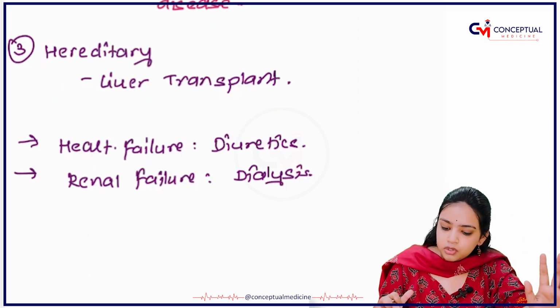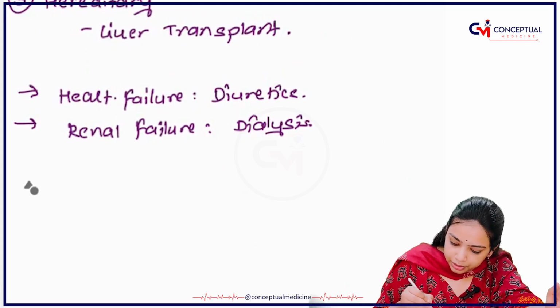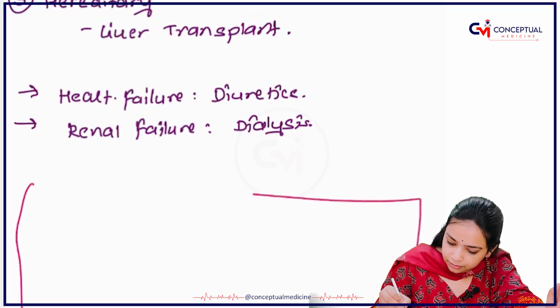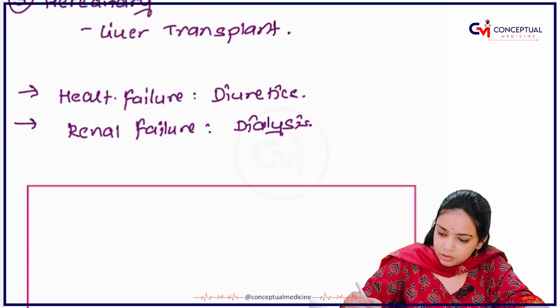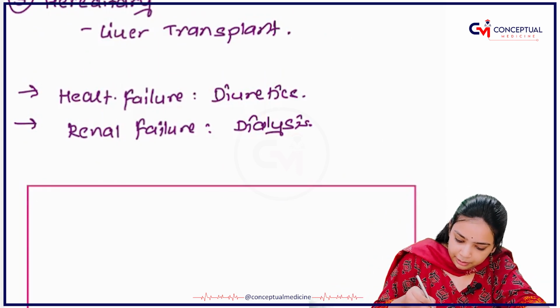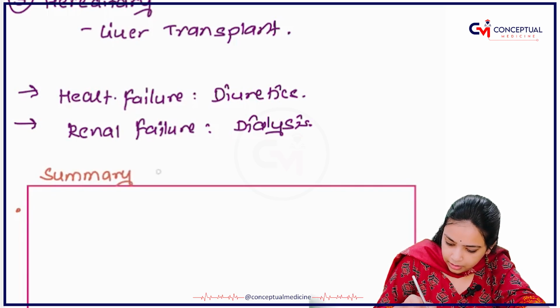Now it's time for us to make a summary table, because summary tables are so important, and one day before the exam, you have to read these summary tables only. So we'll make the summary table together. Amyloid, wait, let me just write here. Summary table, okay.